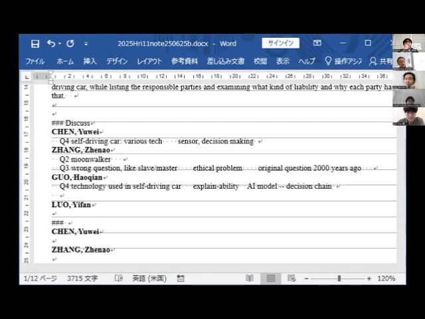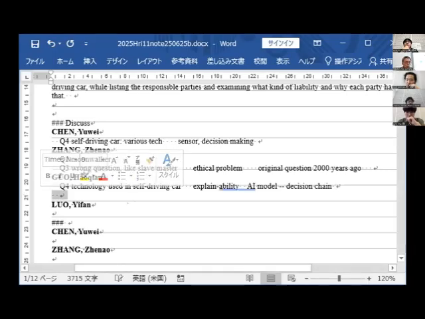Explainable AI is an important technology to support the self-driving car. Yes, especially on the legal question. For example, if there is an accident, is it the car's duty, or the AI's duty, or the human's duty?